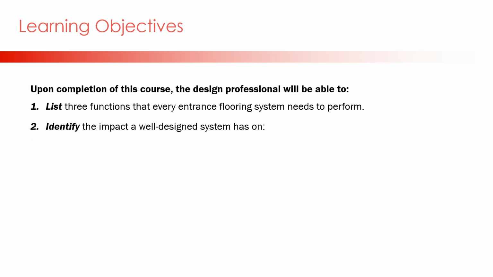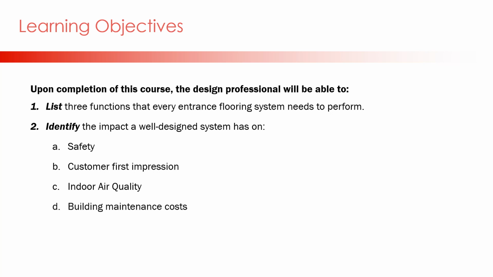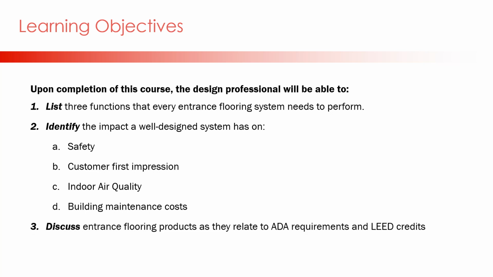Identify the value a well-designed system has on A. Safety, B. Customer first impressions, C. Indoor air quality, D. Building maintenance costs. 3. Discuss entrance flooring products as they relate to ADA requirements and LEED credits. 4. Select the right mat or grille for your building.